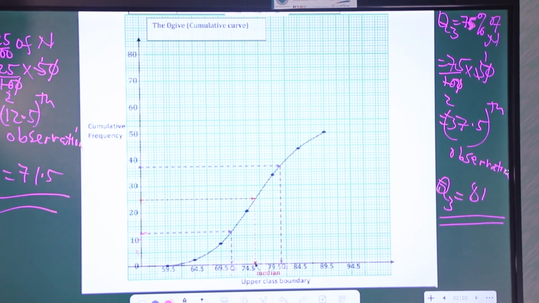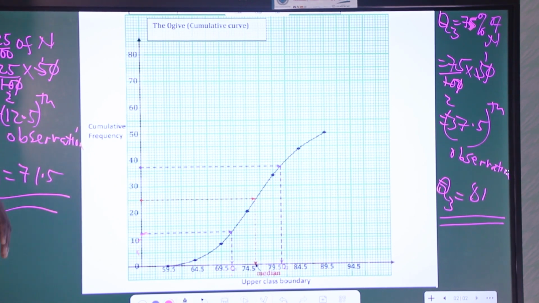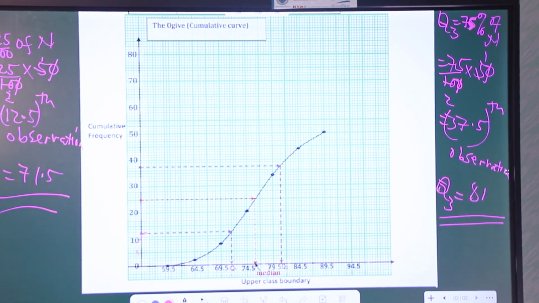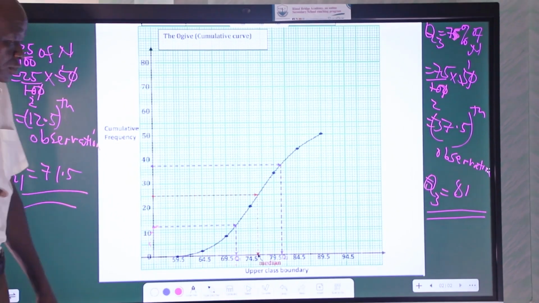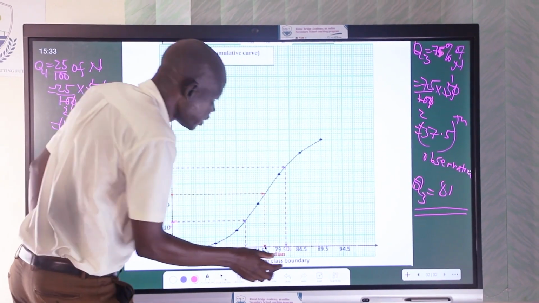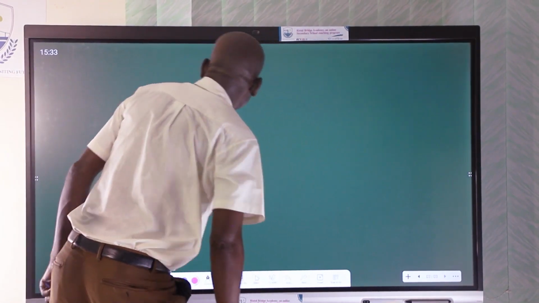Now, after getting the upper quartile value, we can now get what we call the interquartile range. They want us to find the interquartile range.